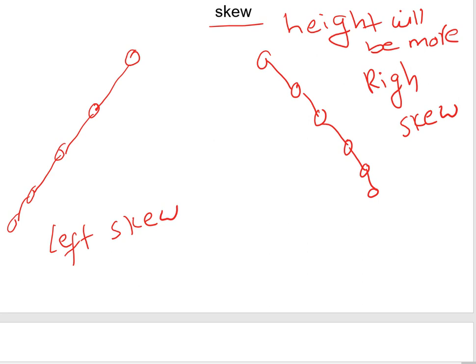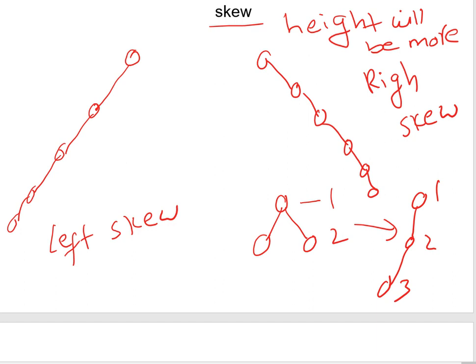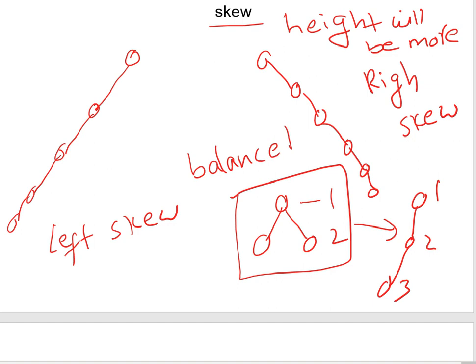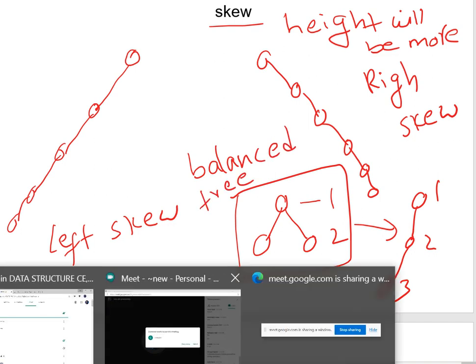So now I want to balance the tree. How will the balanced tree look? This is the balanced one. 1, 2. If you have this one, we have 1, 2, 3. Here we need to perform 3 operations. Here we will perform only 2 operations. That's why we prefer a balanced tree. Balanced tree means the height will be balanced.